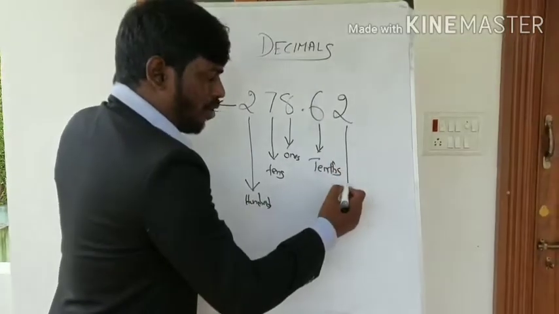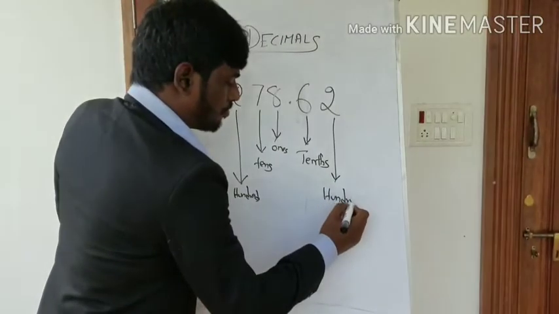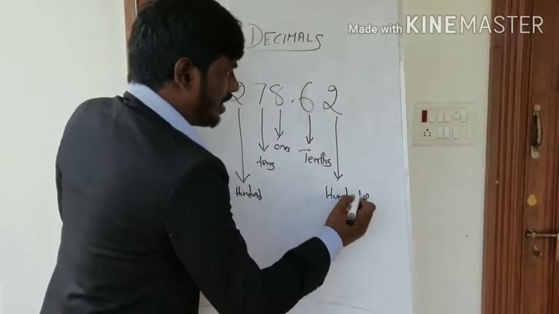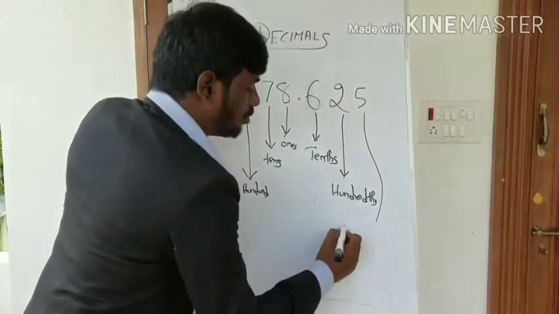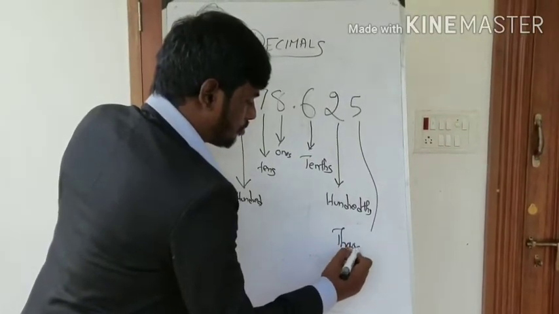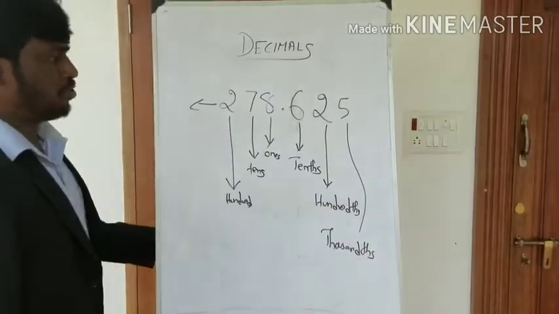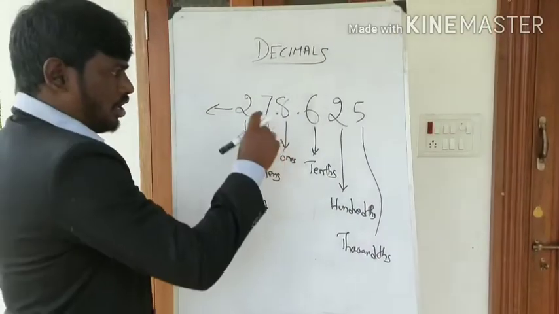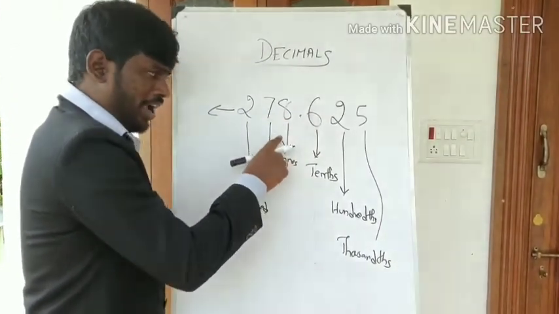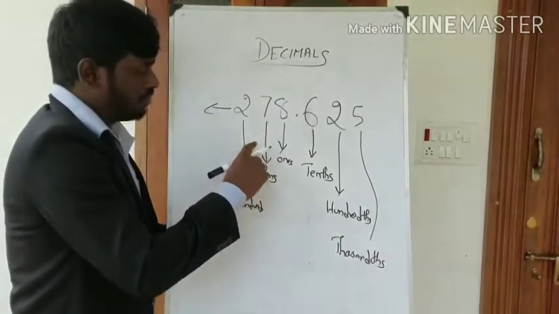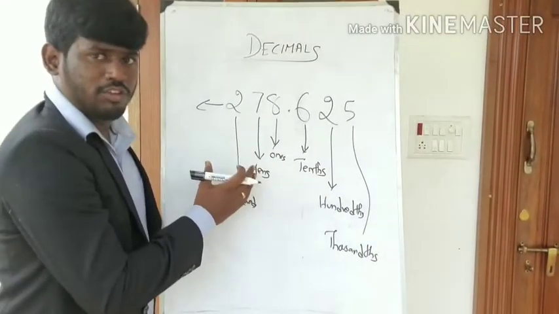The second place we call hundredths. And the third place, if suppose it was 5, is called thousandths. Listen, my dear: in 278.625, 8 is ones, 7 is tens, and 2 is hundreds. These are the place values.